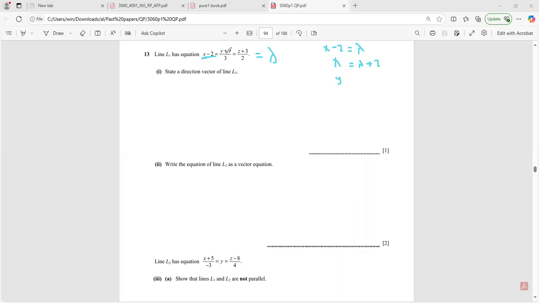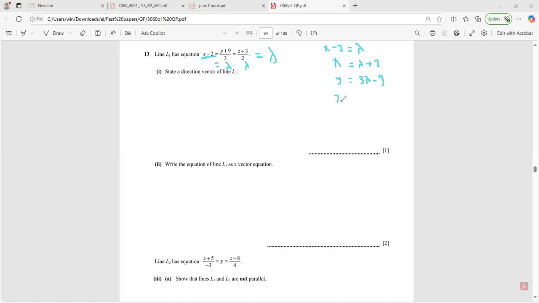Okay. And the y also. The y plus 9 equals also lambda. So we just say that 3 lambda minus 9 equals y. And for the z here, we also equal to lambda.